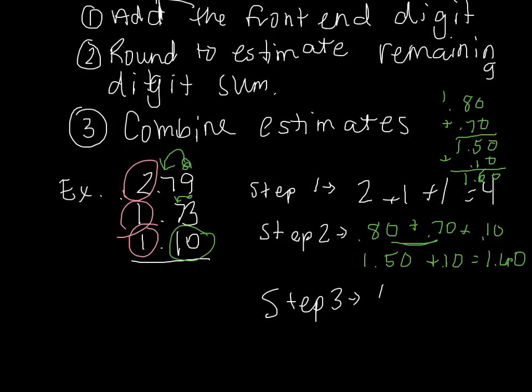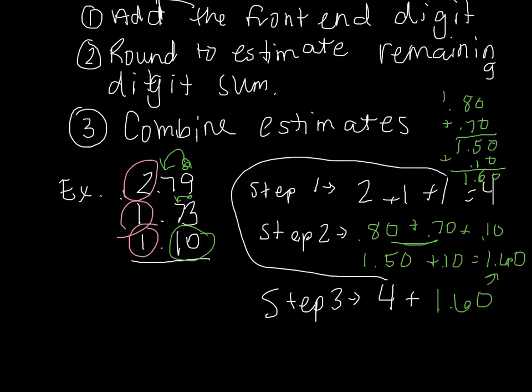I need to do 4 plus 1 and 60 hundredths. Where did I get the 1 and 60 hundredths from? Right there. Where did I get the 4 from? Right there. So I added my whole numbers, then I rounded my decimals, my hundredths, to get my final answer.